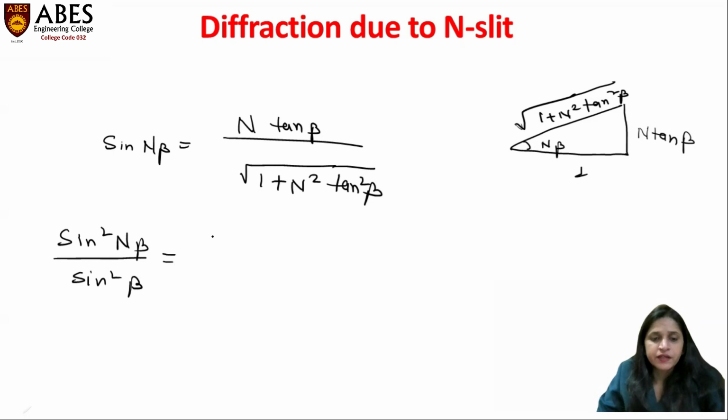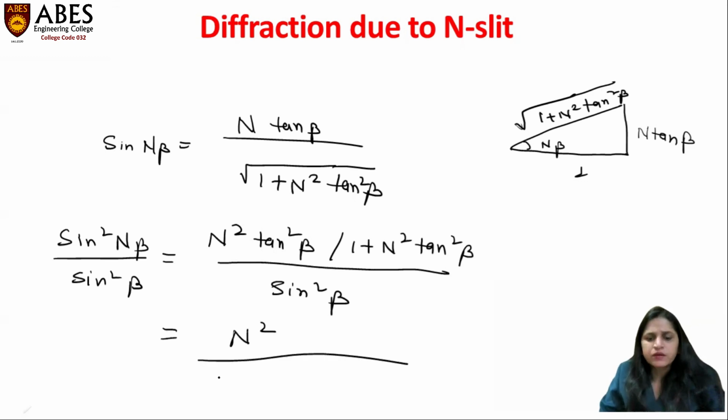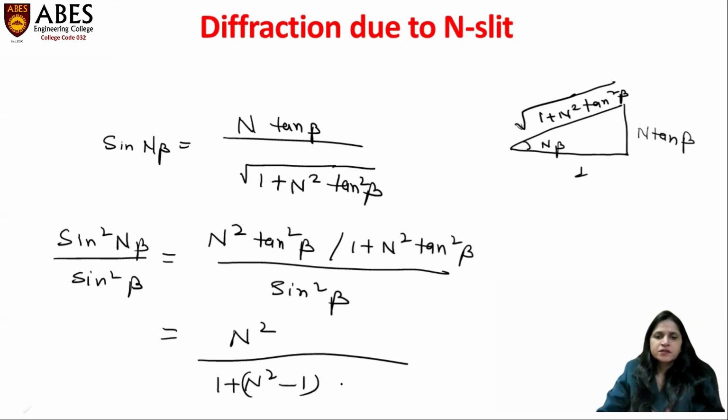From here we can get as n square tan square beta upon 1 plus n square tan square beta upon sine square beta. So when we solve this, we get n square upon 1 plus n square minus 1 sine square beta. Okay.